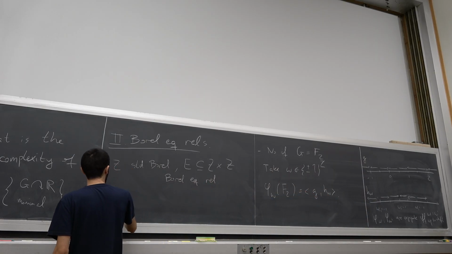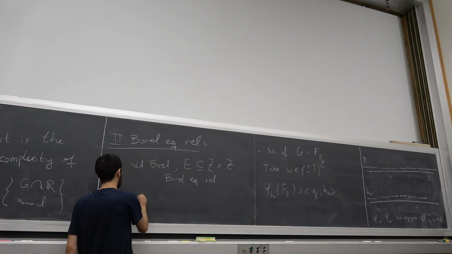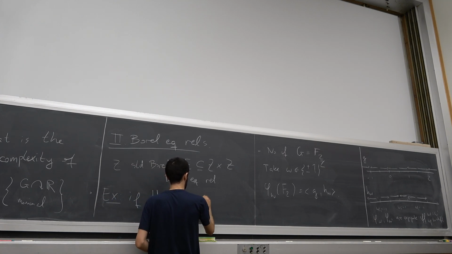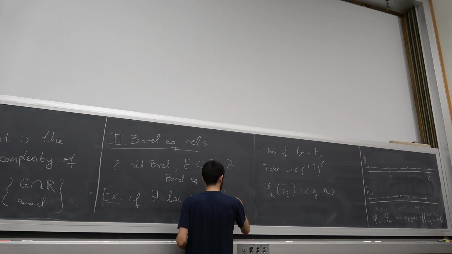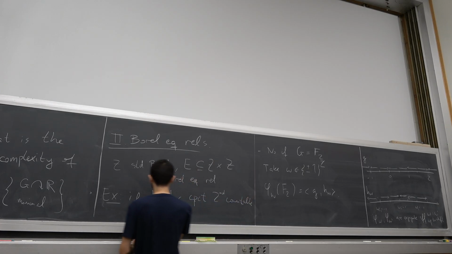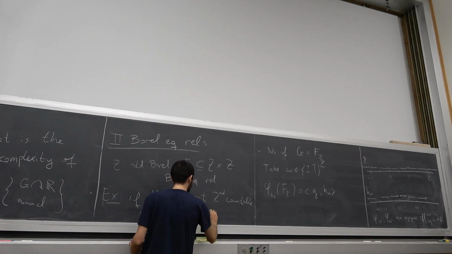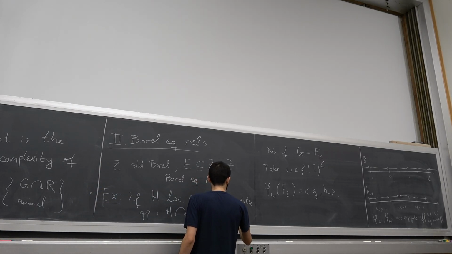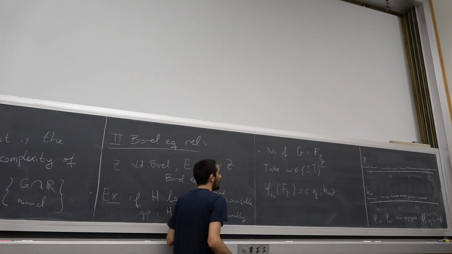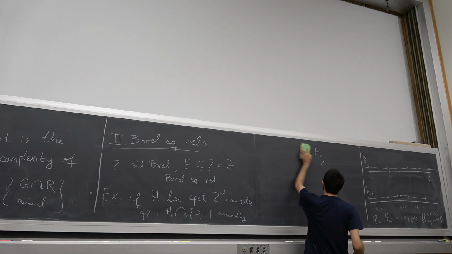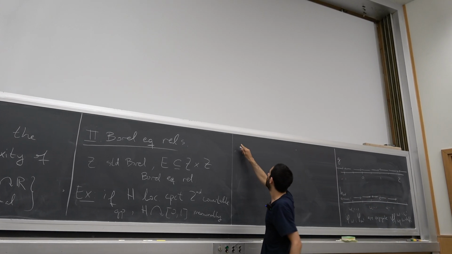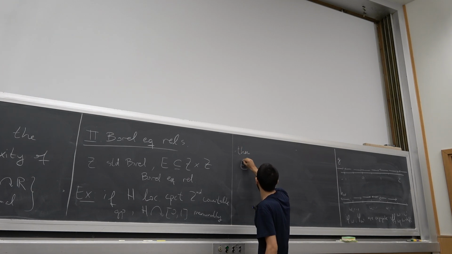But the examples I'm interested in are group actions. Okay, so if H is a locally compact second countable group, and an action of H on, well, I'll write here 0, 1, or Z, acting measurably, you get an equivalence relation, which is the orbit equivalence relation that Yash mentioned.